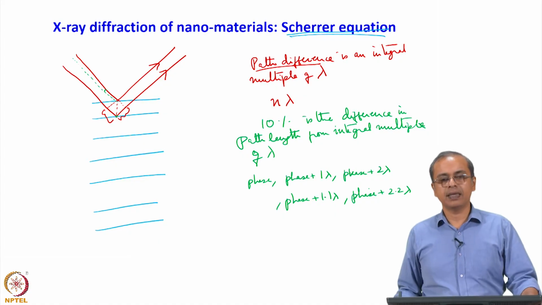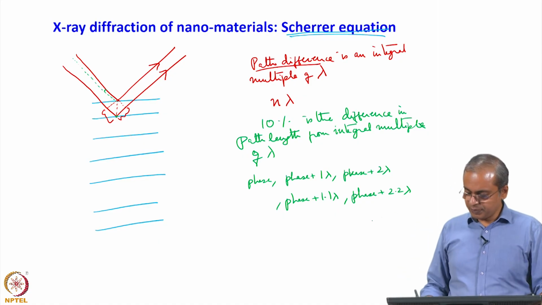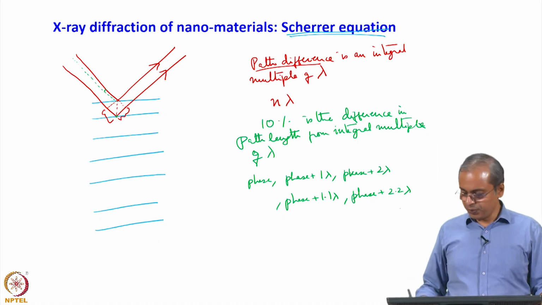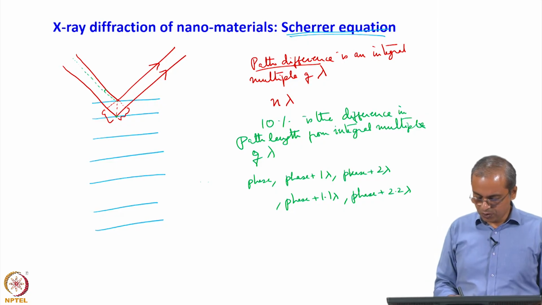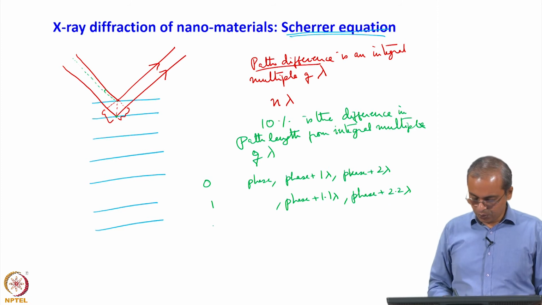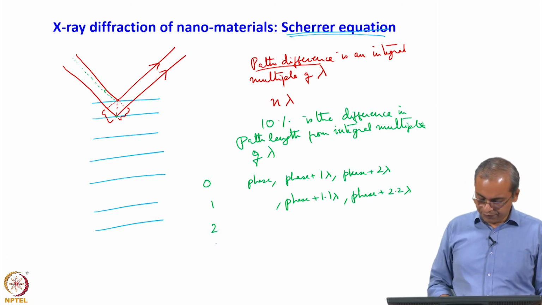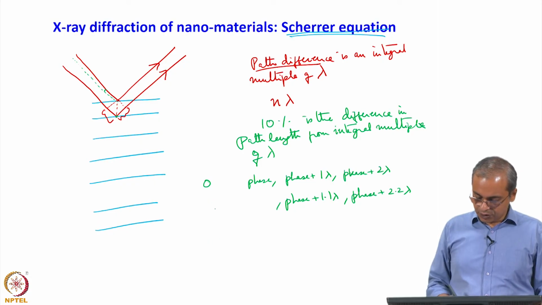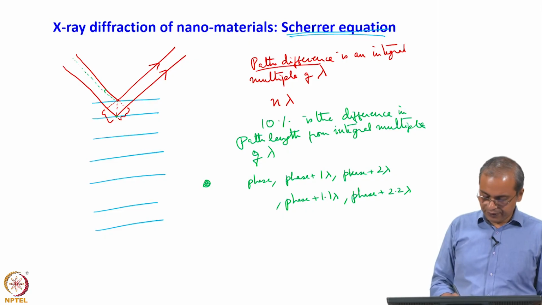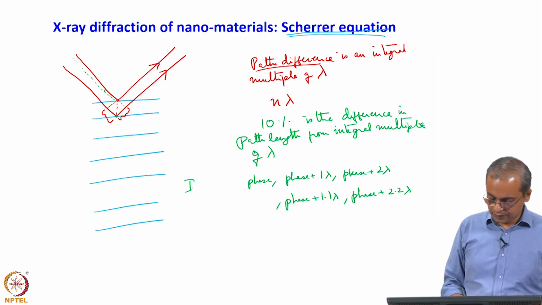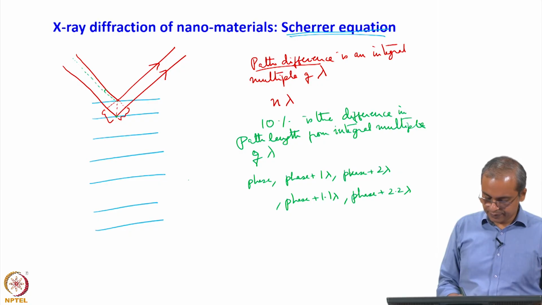Now if you continue this process, this is plane 0, this is 1, this is 2 and so on, and this is in phase at the Bragg angle.